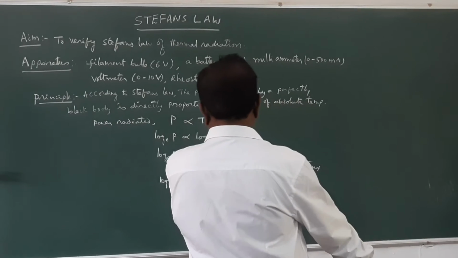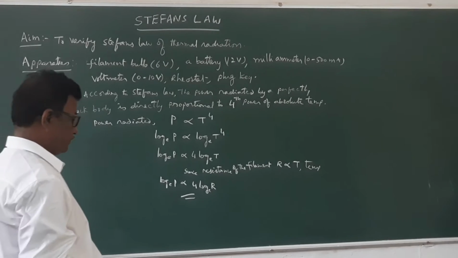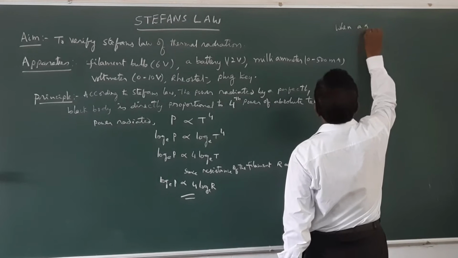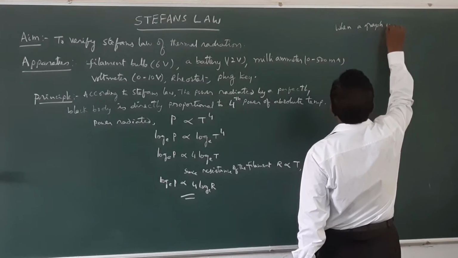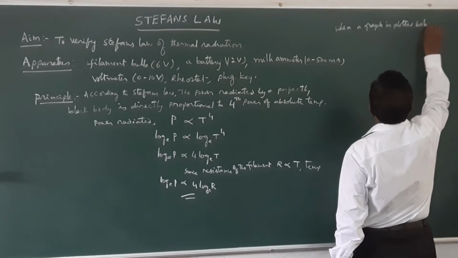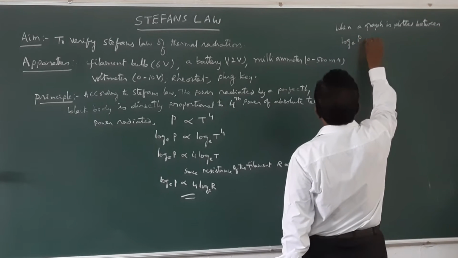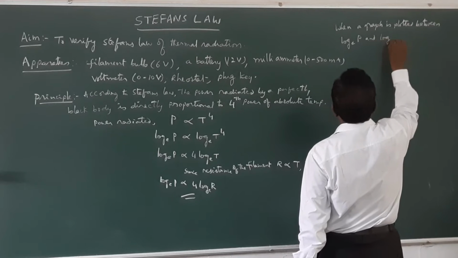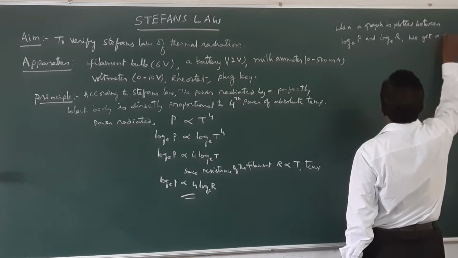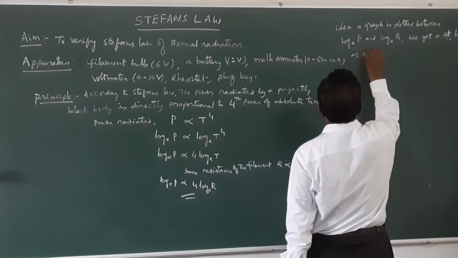Now, when a graph is plotted between log P and log R, we get a straight line as shown.